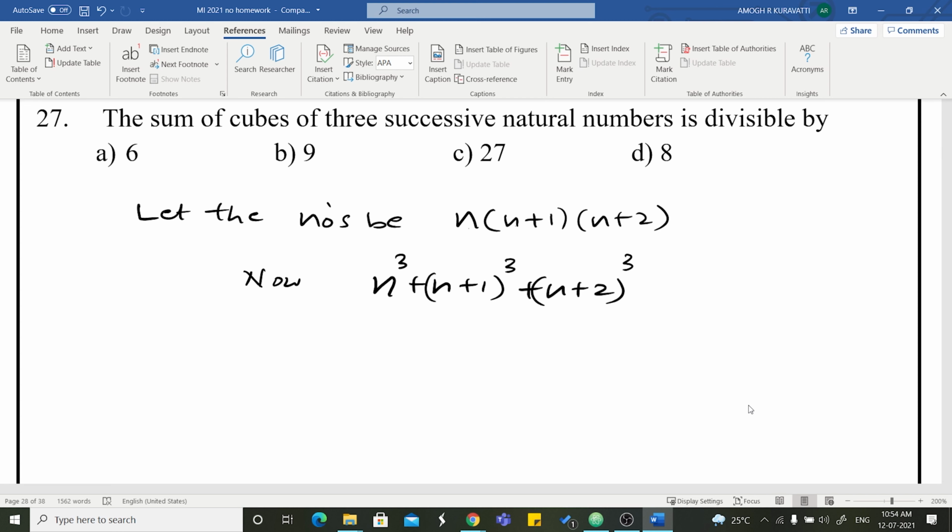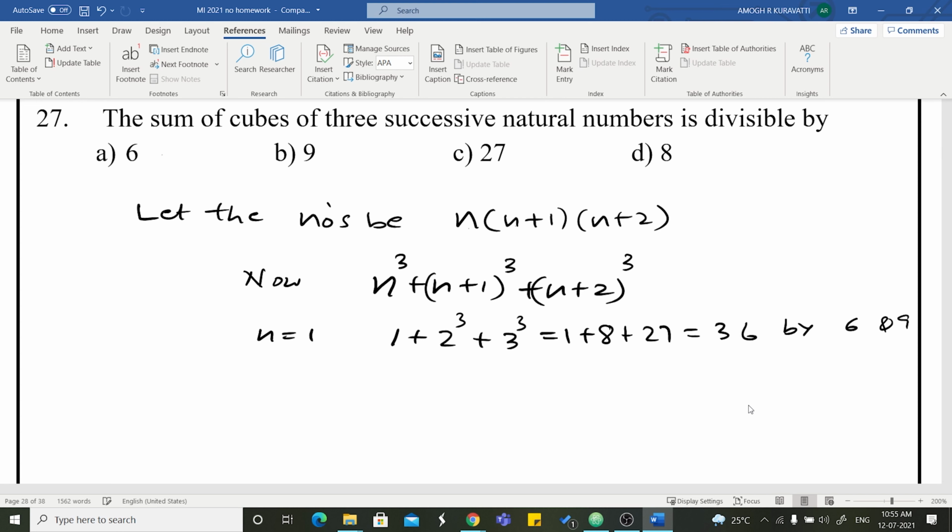So, trial and error method. Take n is equal to 1. 1 cube 1, 2 cube 8, 3 cube 27. 27 plus 1 is 28 plus 8 is 36. 36 is divisible by 6 as well as 9.